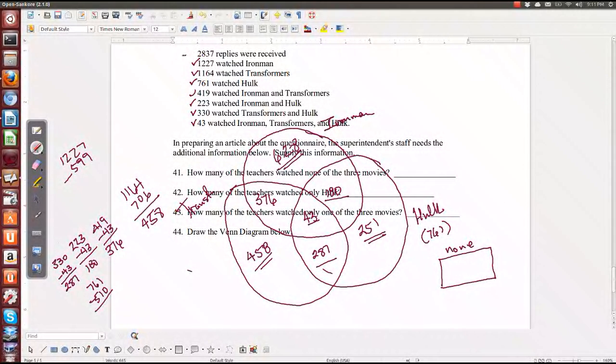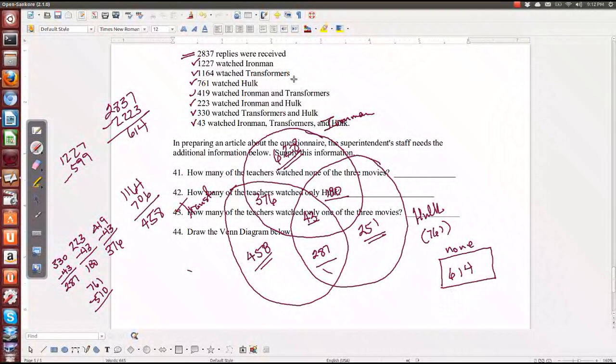Well, if I had 2,837 people, and all together in the 628 and such, I've accounted for 2,223 people. I'm going to end up with 614 people that don't fall in any of these circles. 614 people that have watched none.